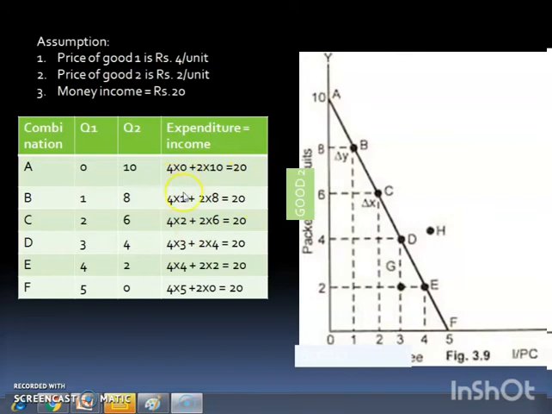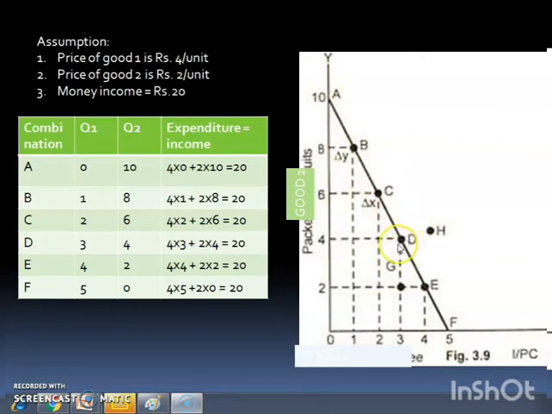Then, on the basis of this table, there is a diagram. In this diagram, the x-axis represents good 1 and the y-axis represents good 2. The budget line is AF. The budget line AF shows the entire income is spent on good 1 and good 2. That is, expenditure on good 1 and good 2 is equal to the money income of the consumer.